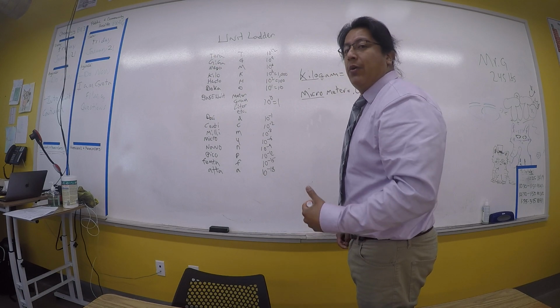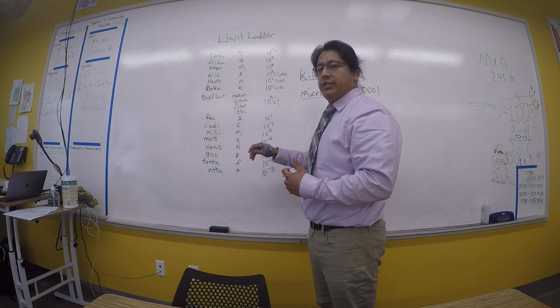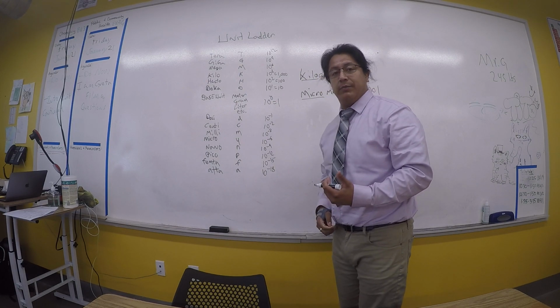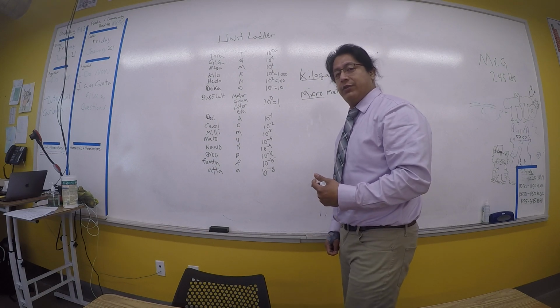All you need to know is how to go up and down this ladder depending on which words will be given in problems, and to know how to simply move the decimal over to the left or over to the right.